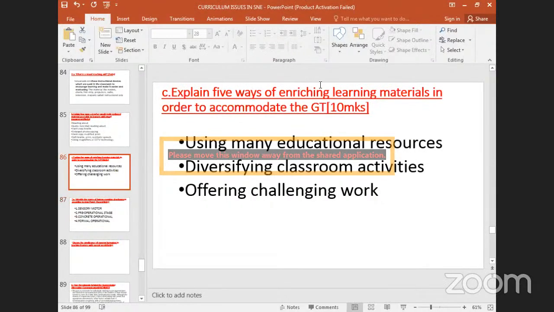This one, eh? Is there something blocking it? Oh, sawa, imetoka. Okay, sawa, tusonge.